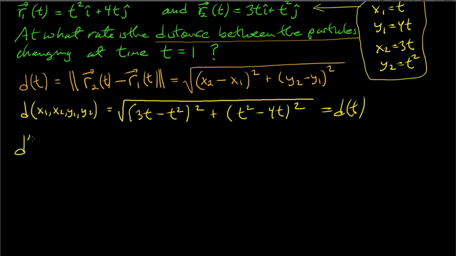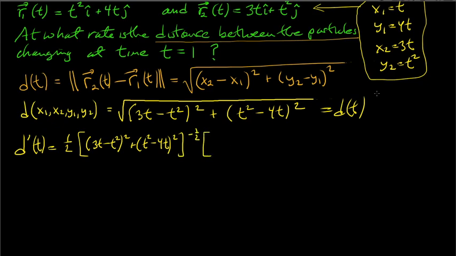Okay, so d prime of t, because I hate writing dd over dt. That just looks really weird. So d prime of t is the derivative of the distance with respect to time, the rate of change of the distance between the two particles. This is a square root, so you're just going to get 1/2 times that to the negative 1/2.